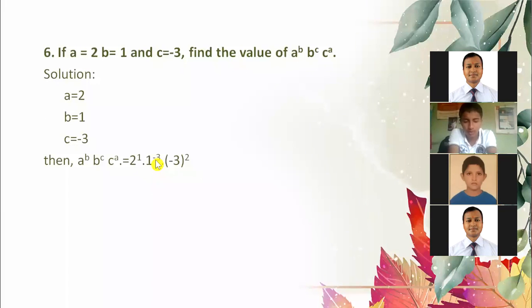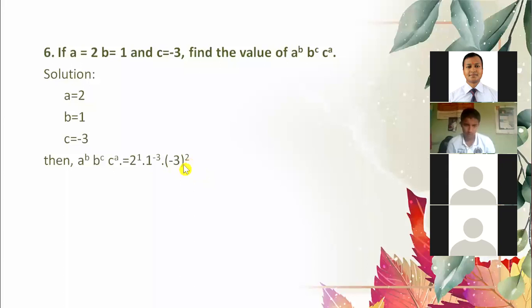1 power something means always it is 1. And next minus 3 square. Minus 3 square means minus 3 into minus 3, that is 9. Minus into minus will be plus.